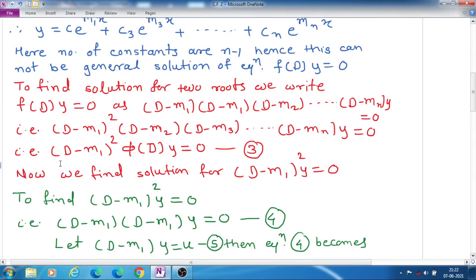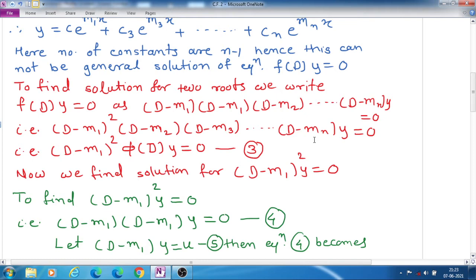So our equation is, to find the complementary function we take the equation f(D)y equal to 0, that means we replace capital X by 0 and solve this equation. And you know that by using operator D we have written this equation as f(D)y equal to 0.